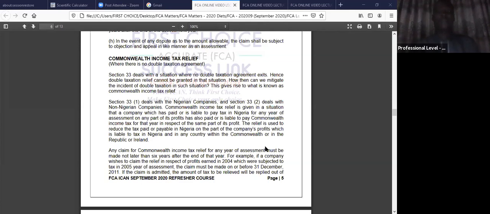Okay, sorry. Now we are looking at when there is no double taxation agreement. You look at the Nigerian company and the things you are going to look at. One, look at the company that is given to you, if it is a company that is resident in Nigeria or resident outside.